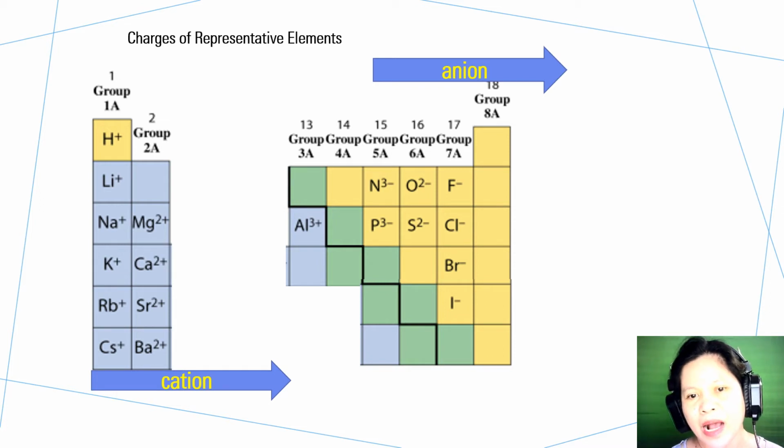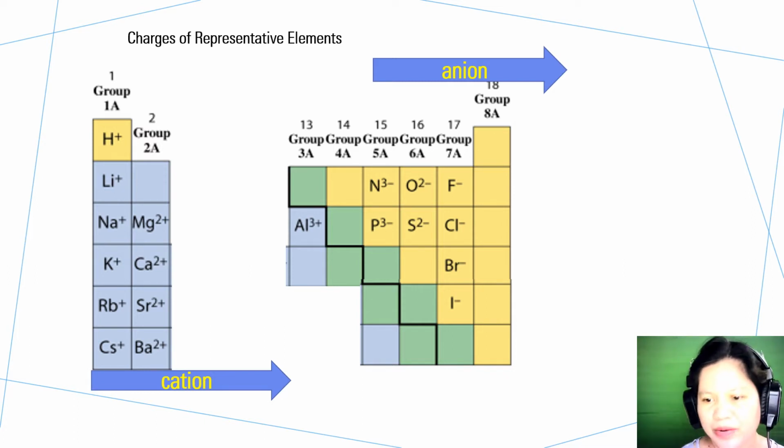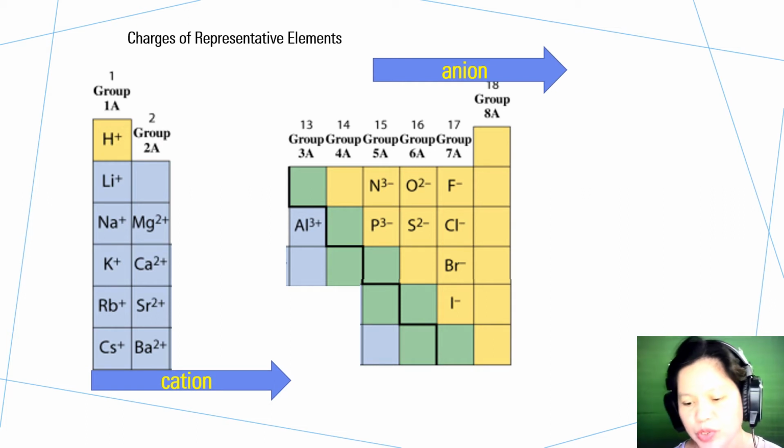Now, as the elements are very close to the noble gas, they are more likely to receive than to give. But when they are very far from the noble gas, they are more likely to share their electrons.